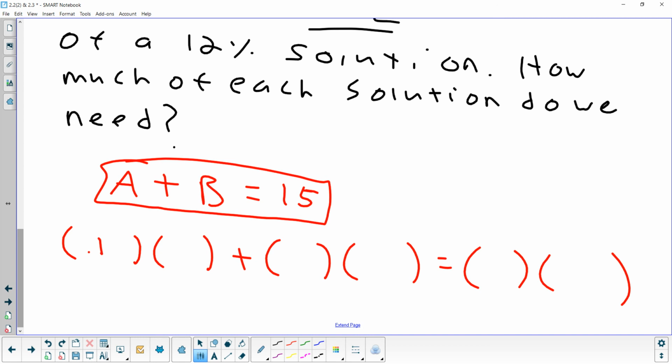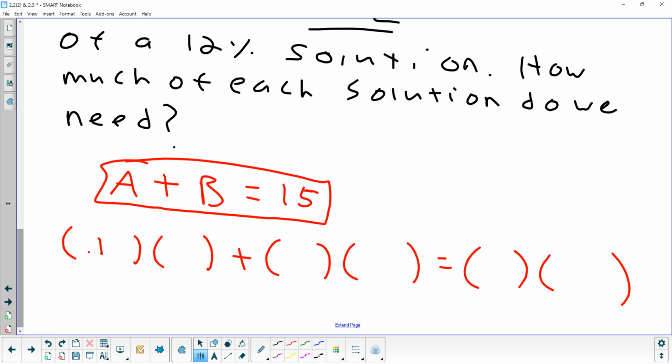So that's our final concentration, but I mean, how many liters do we need of the 10% solution? How are we representing that? We already have variables picked, so we don't want to use a third variable. So we want to stick with letters we already have.